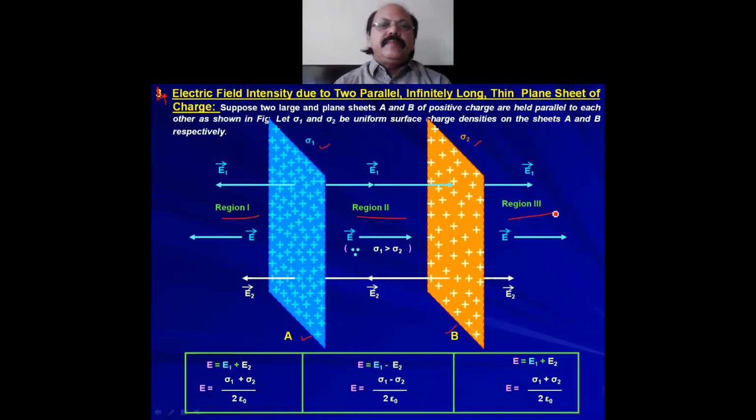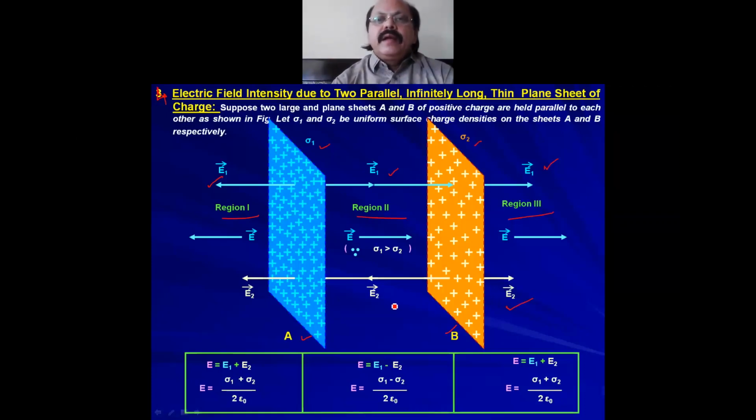So here first we take the direction of the electric field. Since sheet A is positively charged, the direction of the electric field is radially outward, and it is represented by the E1 vector. In the second region it is also radially outward, and in the third region also radially outward. Similarly, in the case of plane sheet B, the electric field is represented by E2, which is also radially outward.